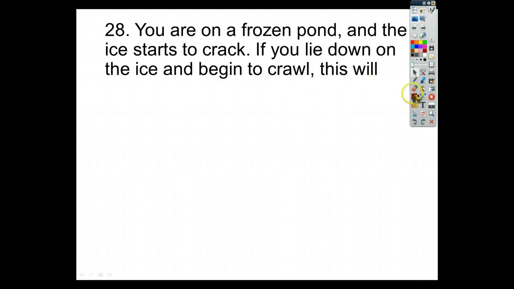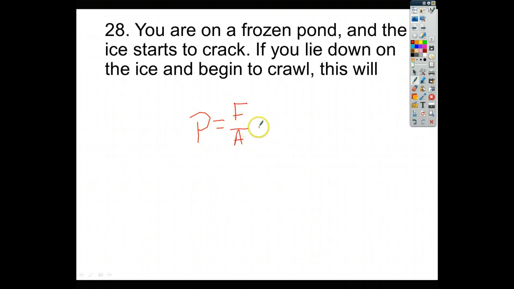If you lie down in the ice and begin to crawl, all this will do, if you remember, pressure is equal to force per unit area. If I lie down, then my force is still the same. Let's say that I'm 100 newtons.